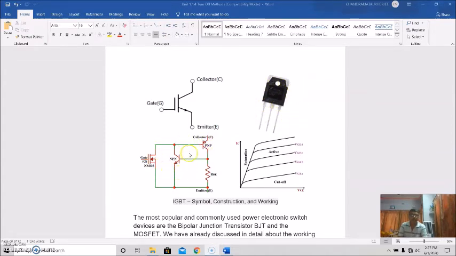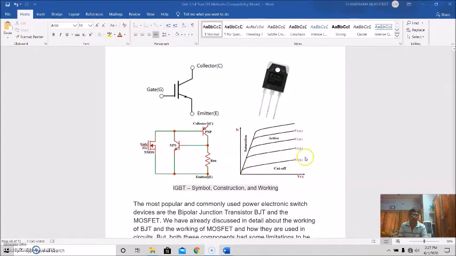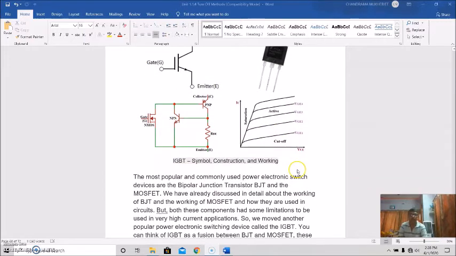Now this is the construction, and this is basically the working. This is voltage and collector current, and the controlling voltage, the gate emitter voltage. So this is the cutoff region, this is the active region, this is the saturation region. Later on we will come to these questions.